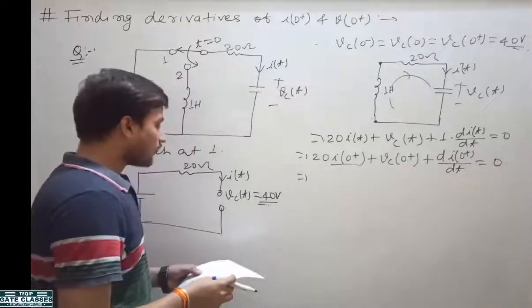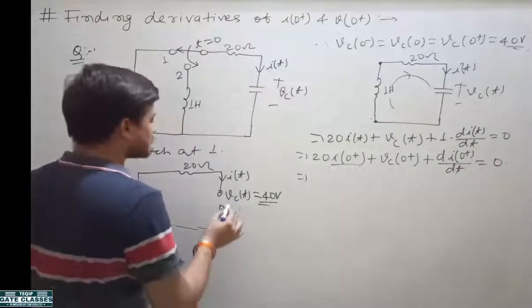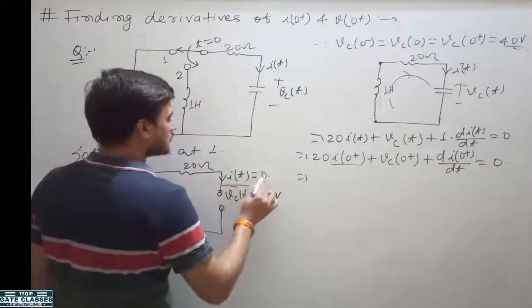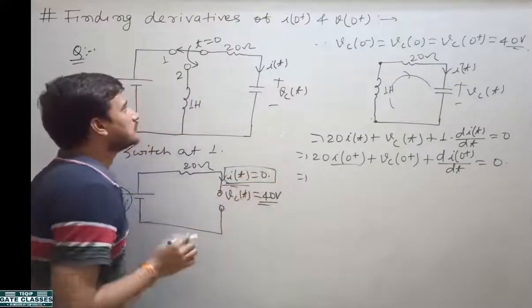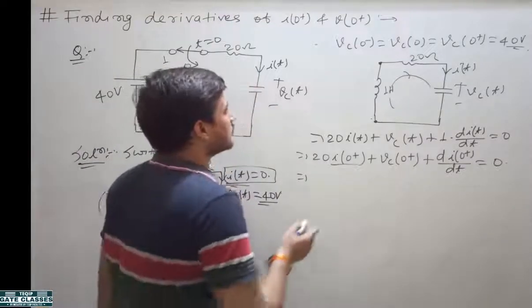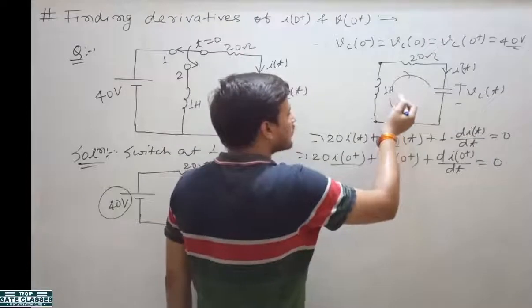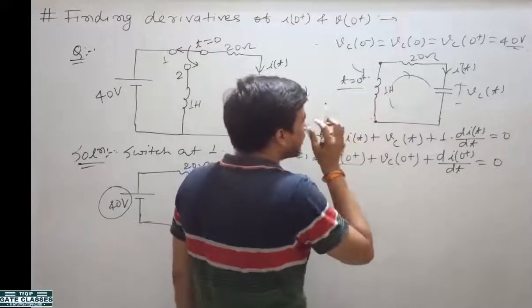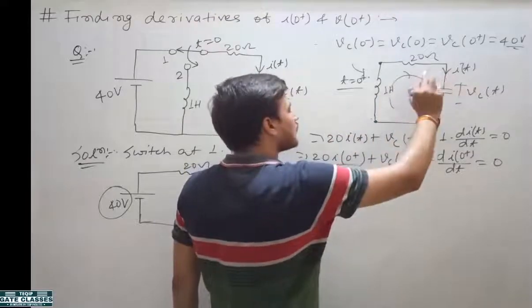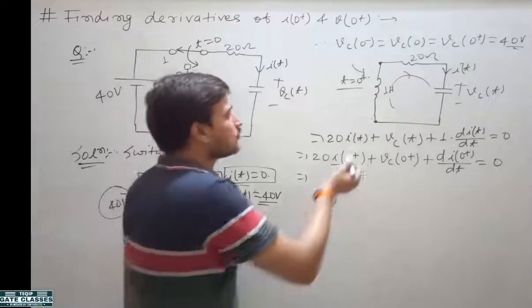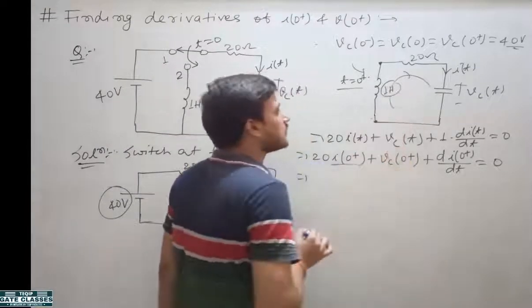So from here, what is the value of i 0 plus? You see the capacitor was open circuited, so i t was how much? 0. So here also the value of i 0 plus will be 0, because even if the circuit is connected to the inductor at t equal to 0 plus, initially the current was 0 and this inductor is also not going to allow a sudden change in current.